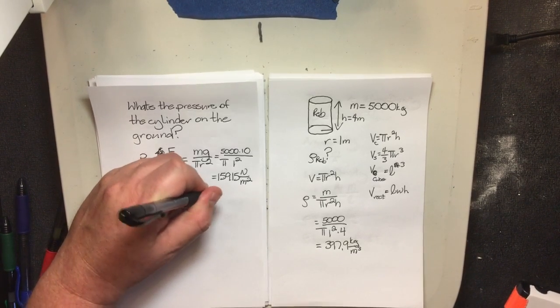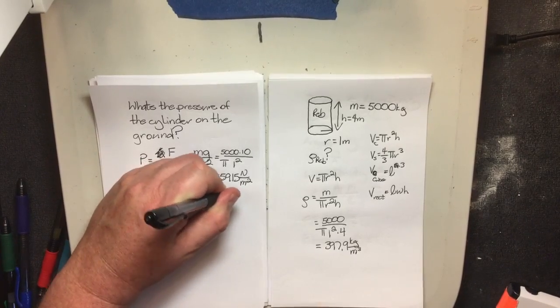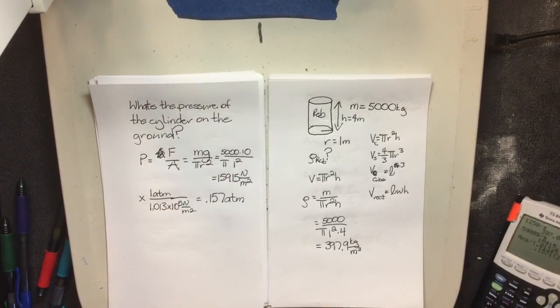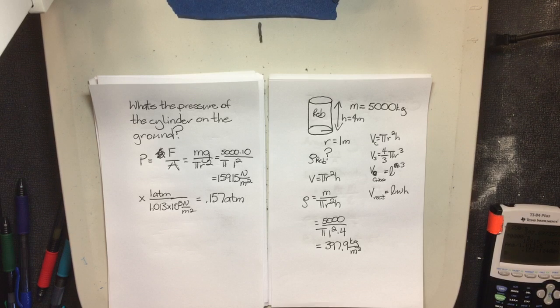And we get 0.157 atmospheres. So the pressure contributed by the cylinder on the ground is about 1/8 of an atmosphere, 1/7 of an atmosphere, something like that.